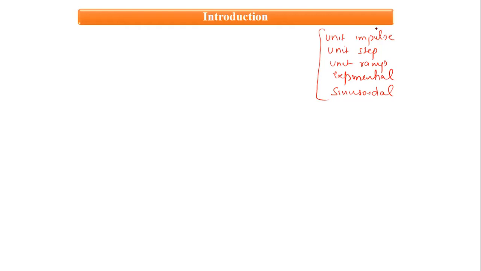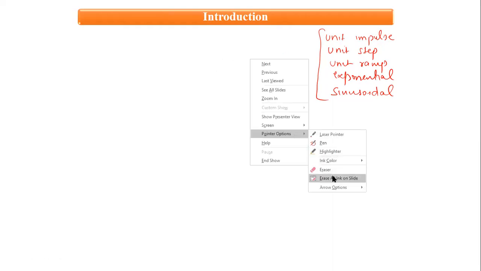The discrete representations of these continuous time signals, impulse, step, ramp, exponential, and sinusoidal, are available in digital control system for implementation and testing purposes. So the purpose of today's lecture is to understand a few such discrete time signals.